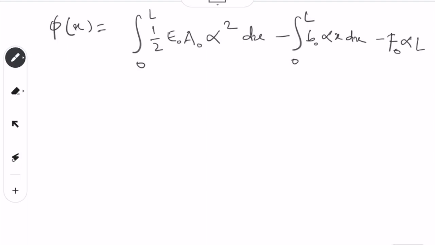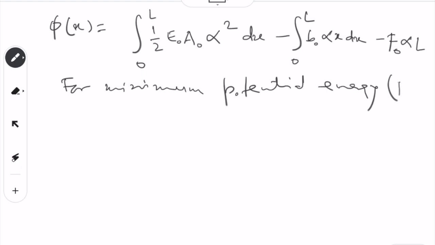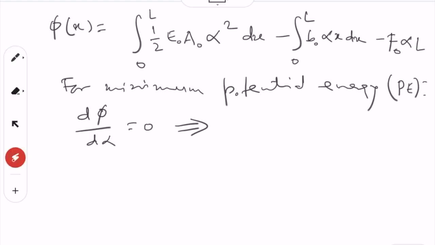Okay. So we write for minimum potential energy, what do we have? The condition is d phi over d alpha has to be equal to 0. And this tells us that first of all, we can integrate it. There is no x term here, so simply it will be multiplied by L here.